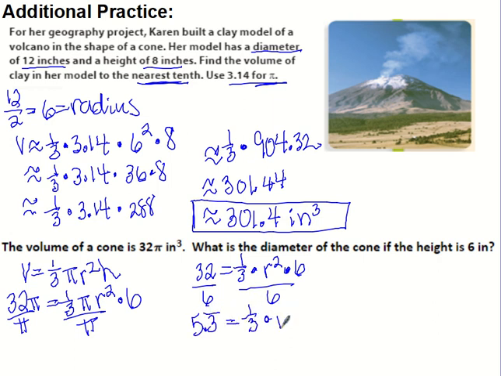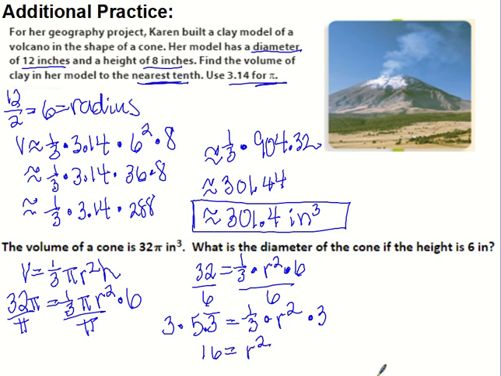So 5.3 repeating equals 1/3 times radius squared. Now, when we were doing our problems, we divided by 3 here, right? So the inverse of dividing by 3 is then to times by 3. So I'm just going to leave that on my calculator and write times 3. And what's really nice, when I leave it on my calculator, it knows that it's a repeating decimal, and it gets me 16.